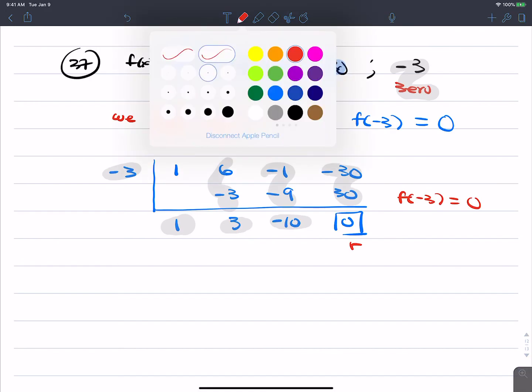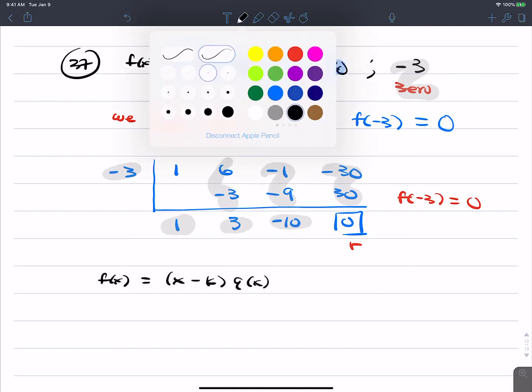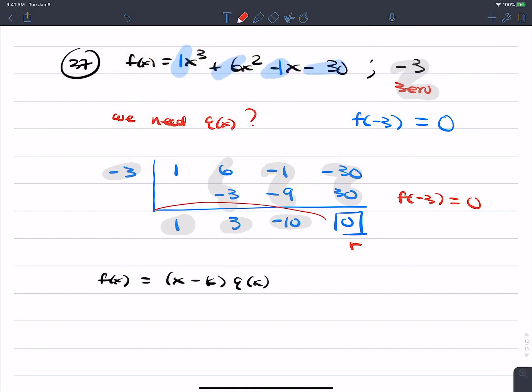So let's remember what this meant. This means my function can be described as x minus k times the quotient function, where my quotient function is right here. Don't forget, if my highest power is 3, 1 degree less is x squared, and then that x.